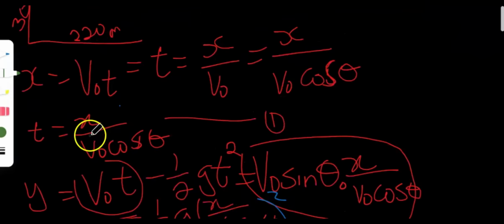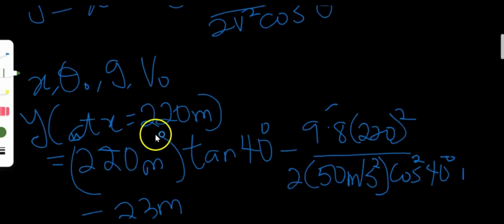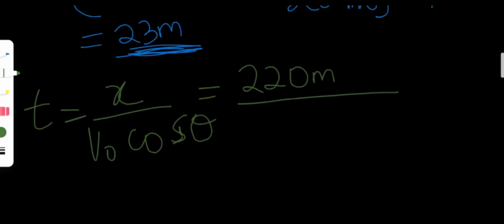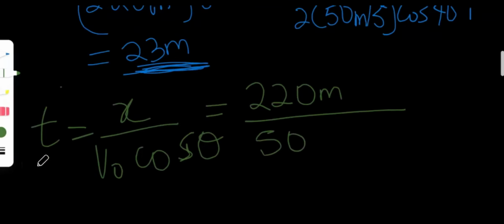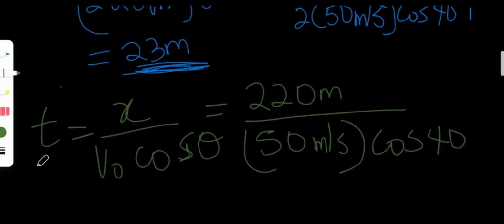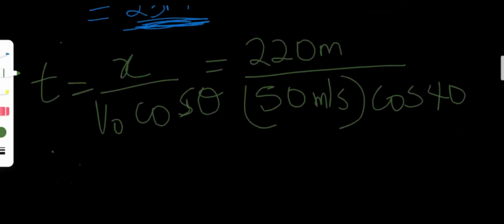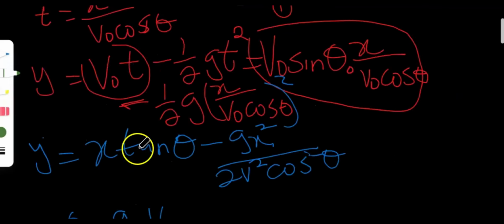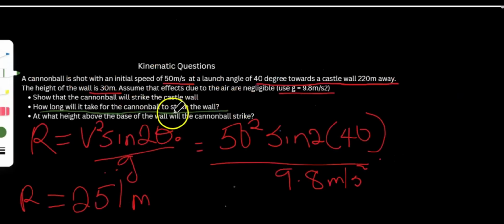Let's substitute the values. When x is equal to 220 meters, then V0 is 50 meters per second, and cos 40. By the time we calculate this, t will be equal to 5.7 seconds. So it will take 5.7 seconds for the cannonball to strike the wall.